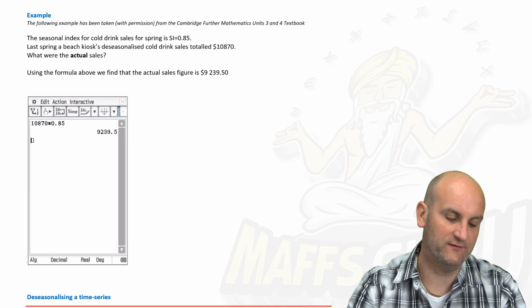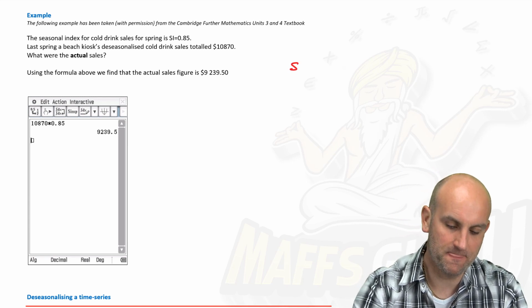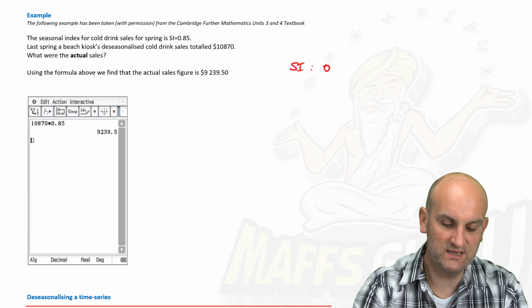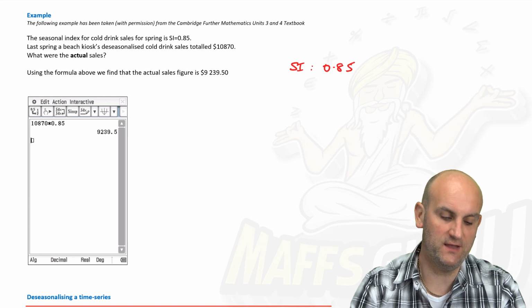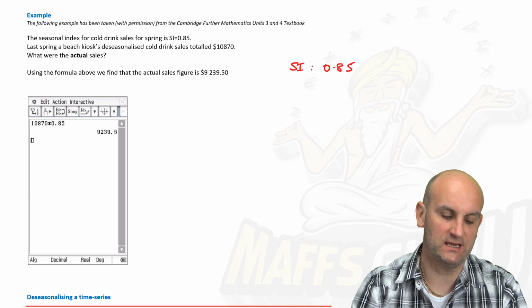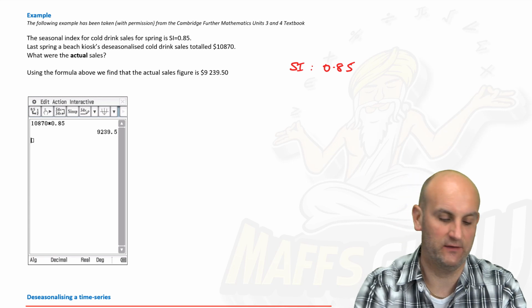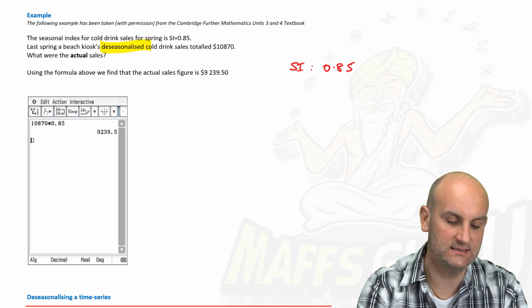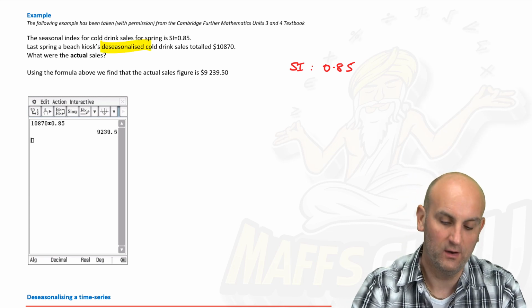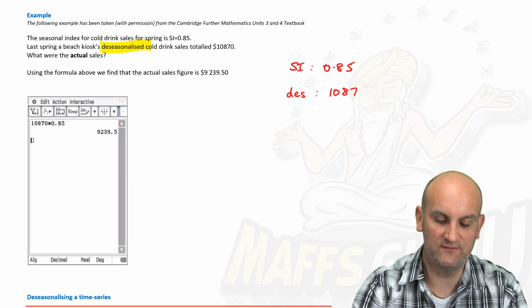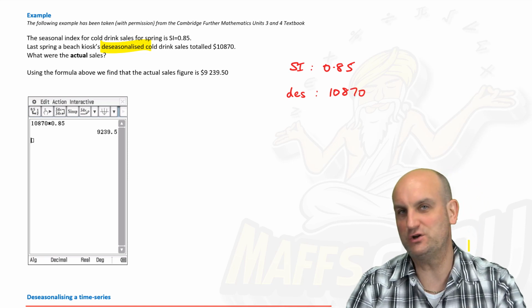So let's see, we have an example. The seasonal index for spring was given by 0.85, and last spring a beach kiosk's deseasonalized, notice the word there, deseasonalized cold drink sale was 10870. What were the actual sales?